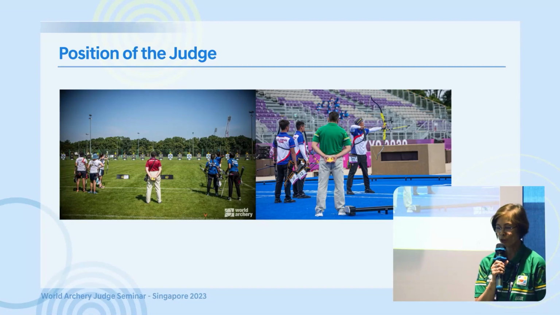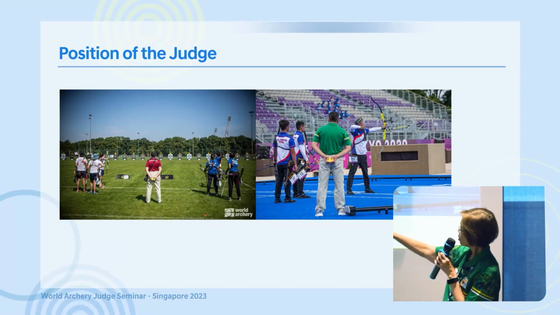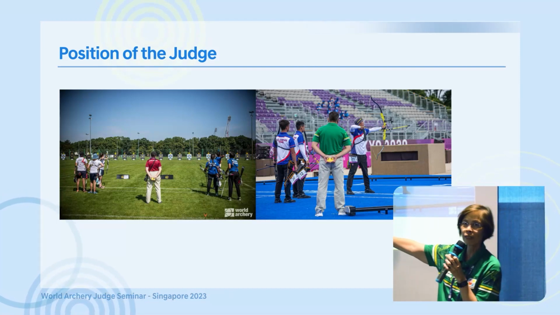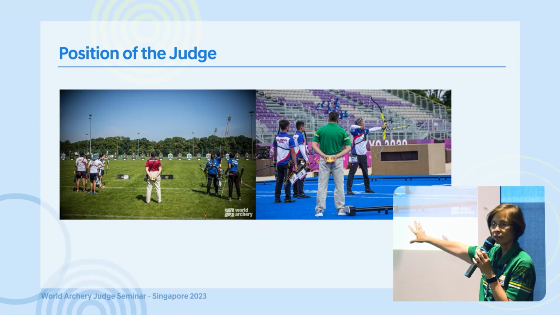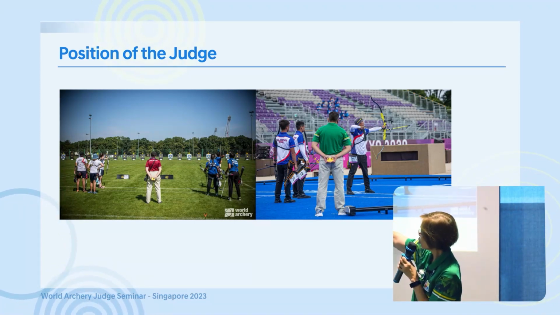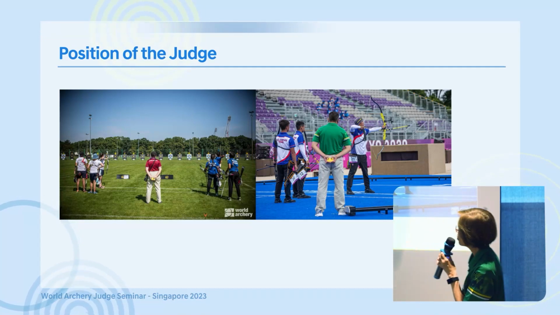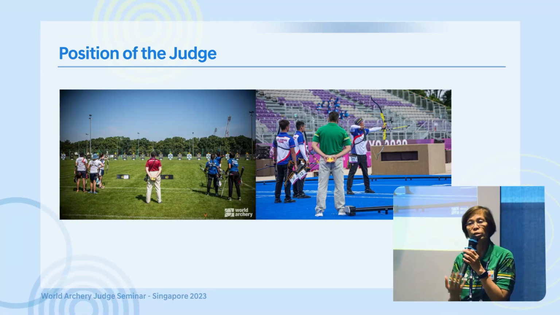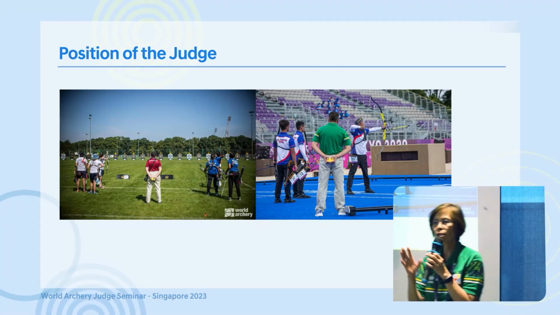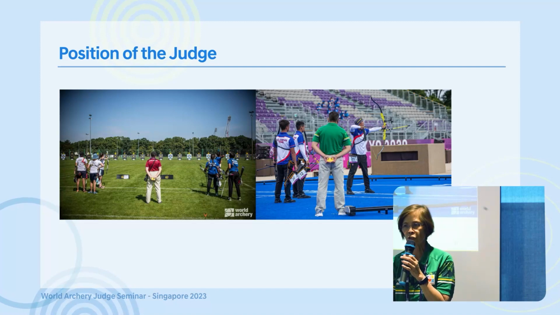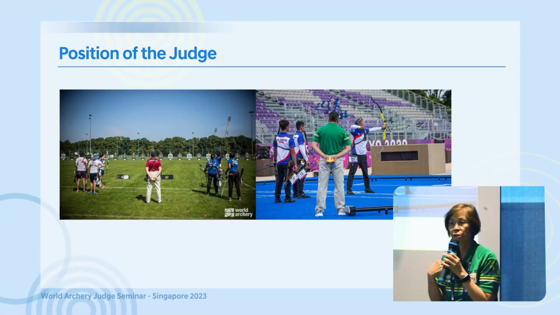So we go to the position of the judge. The photo on the right is a team elimination, and this is the finals. At the team elimination, normally the judge is in the middle, in between the two teams, maybe 3 meters, and try not to be in the way of the archers, because that is their space, not yours.